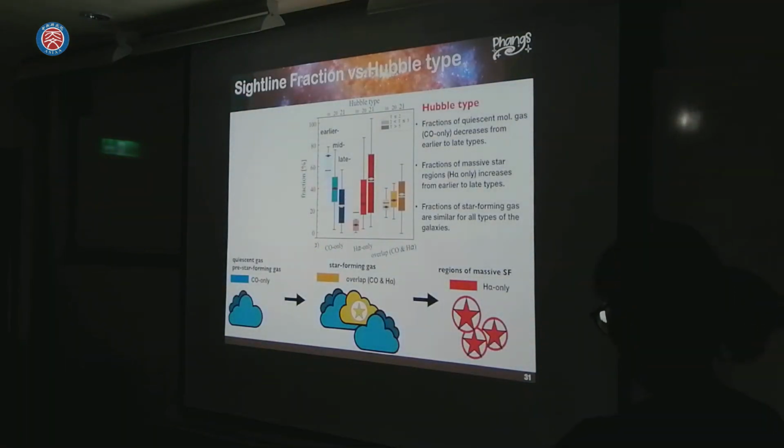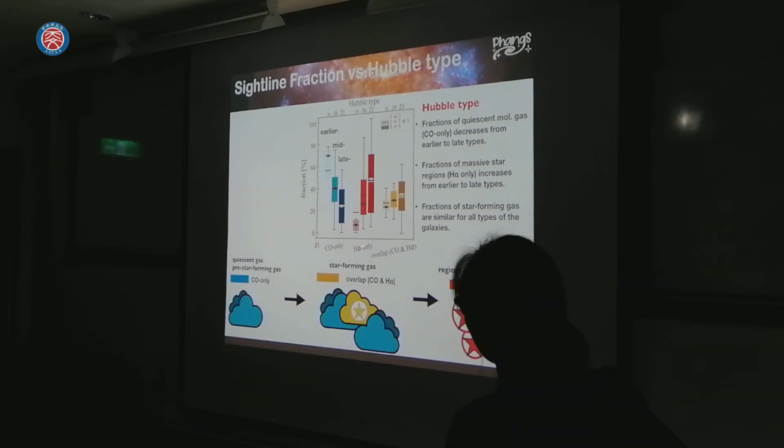And here's the results. The x-axis just indicates which type of sightline I'm plotting, and the y-axis is the fraction of the sightlines.